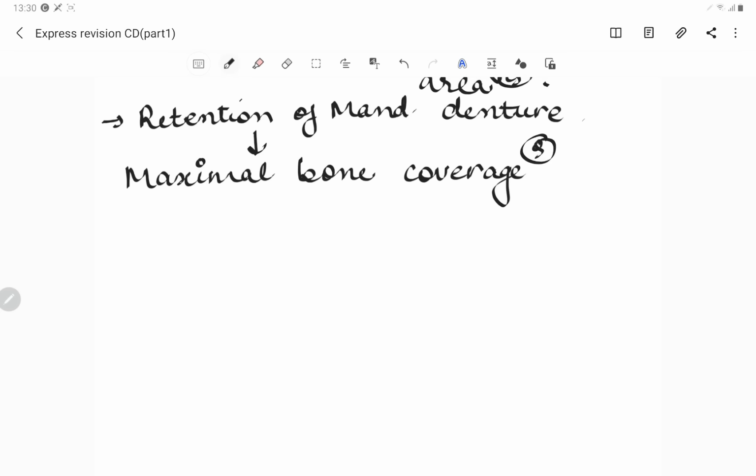See, in the maxillary denture, if we have recorded the PPS well, then there is going to be good retention. But in the case of the mandibular denture, while taking an impression of a resorbed ridge, we hardly get the suction, the good retention, or the peripheral seal. So in that case, retention of the mandibular denture depends on maximal bone coverage, right.